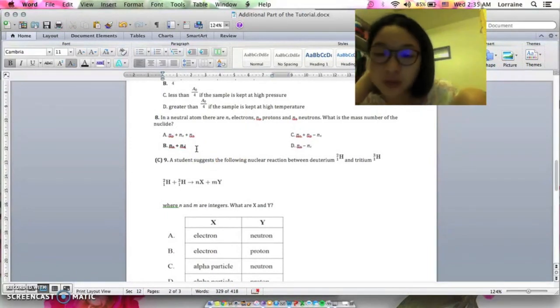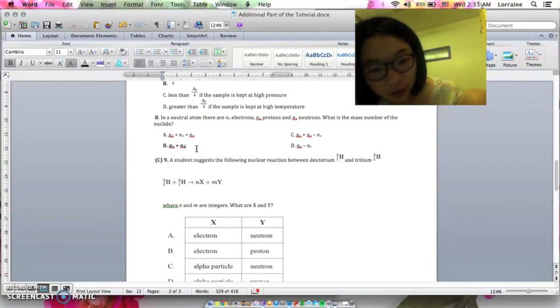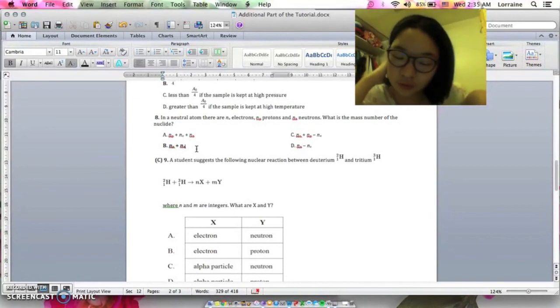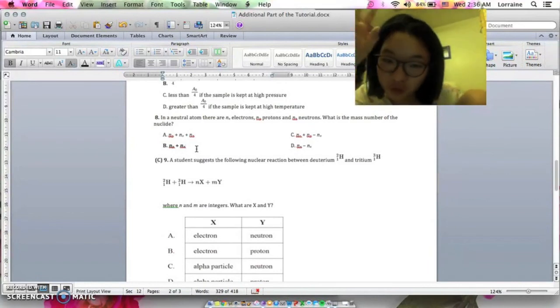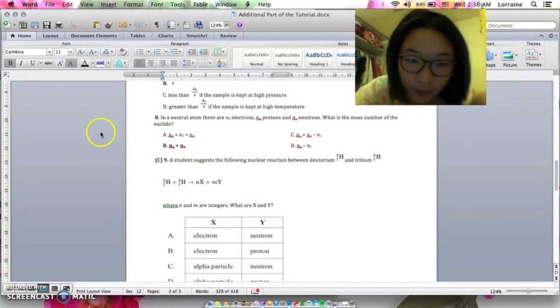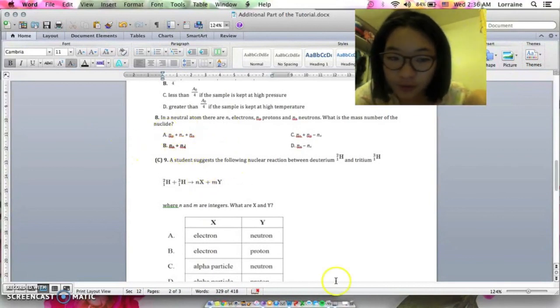N sub p can be the atomic number and can also be the proton number, since in the periodic table of elements, the number of protons is equal to the value of the atomic number. Mass number A equals n sub n plus n sub p, since mass number is the sum of the protons and neutrons. That's why my answer is B for this number.